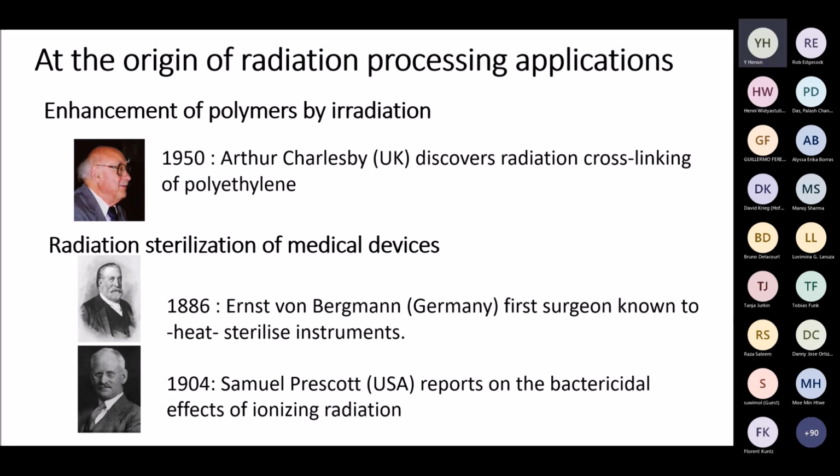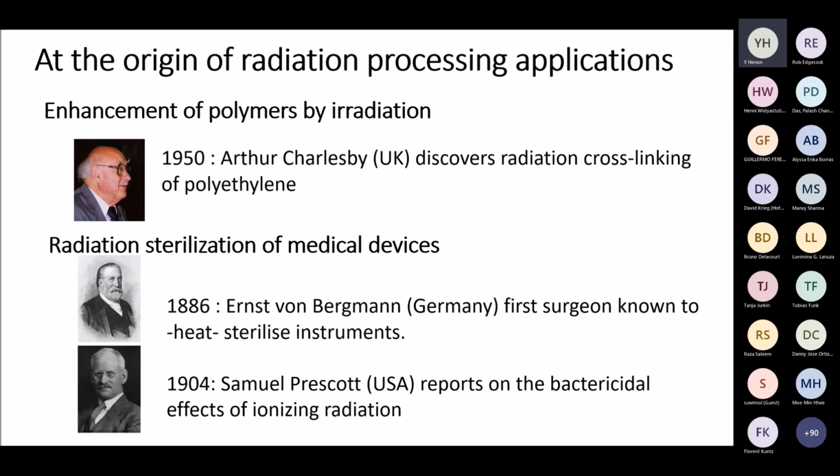Radiation sterilization of medical devices, well, it's a long story actually, and first you had to, who thought of sterilizing medical devices? Well, it was a new idea in 1886 when this Mr. von Bergmann in Germany was the first to sterilize surgical instruments using heat, of course, in that time.